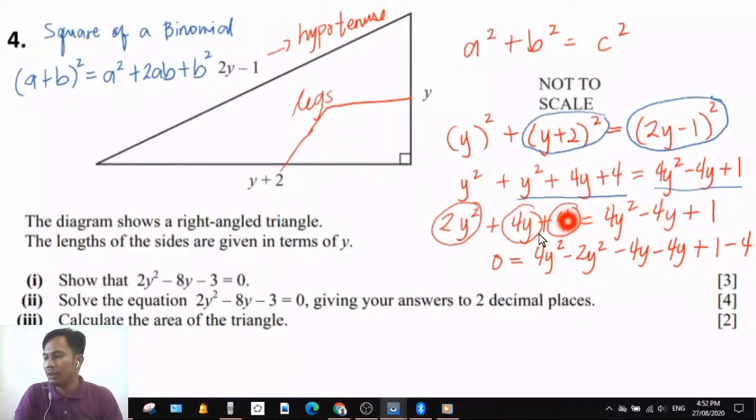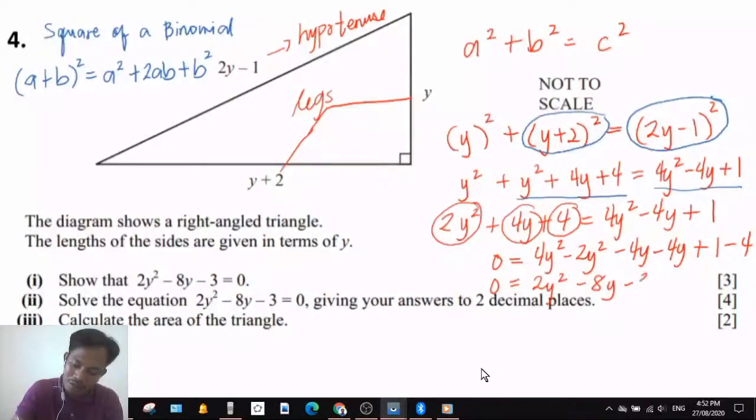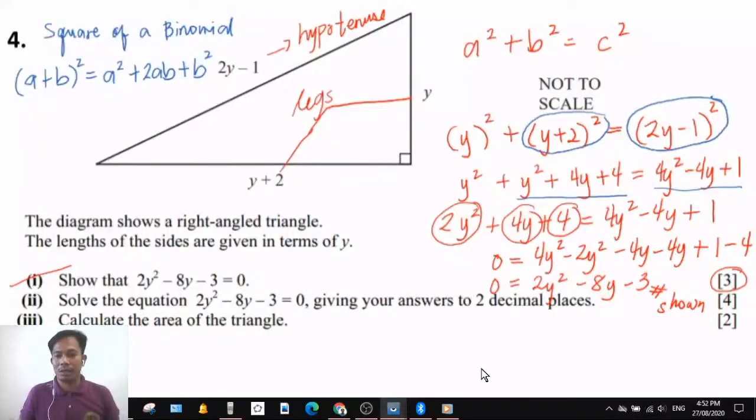This 4 becomes negative 4 on the right side. Okay. I have now 0 equals 2y squared minus 8y minus 3, shown. That is the solution for question number 1. You'll get 3 marks.